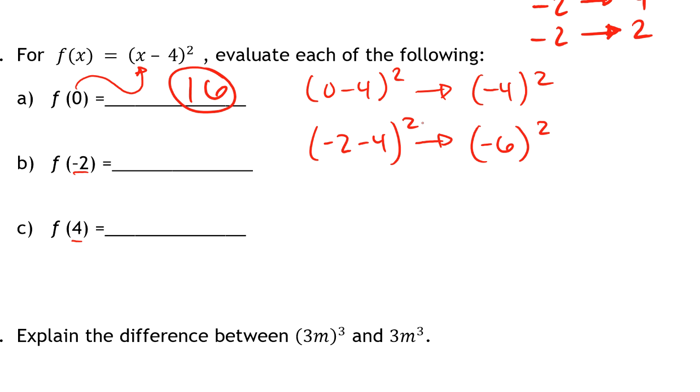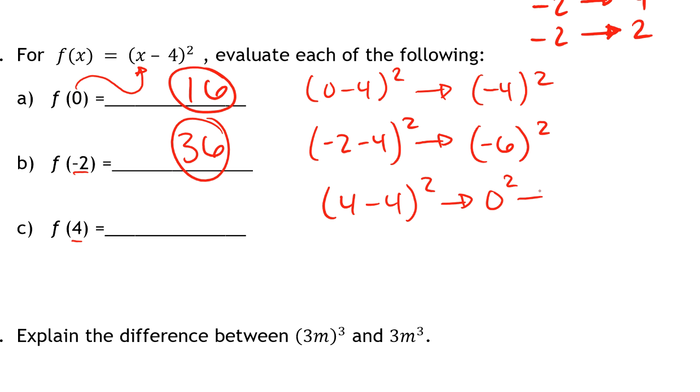Again, we're squaring this. And when I square negative 6, that is negative 6 times itself, which produces a positive 36. And then finally, when I place 4 into this machine, it ends up becoming 4 minus 4 squared, which is 0 squared, and 0 times 0 is 0. So the output there is the number 0.